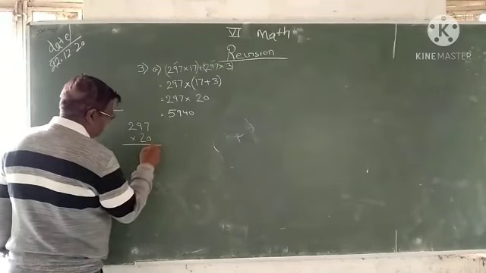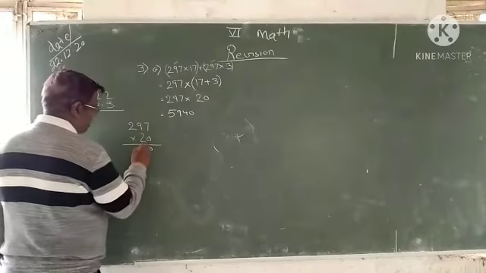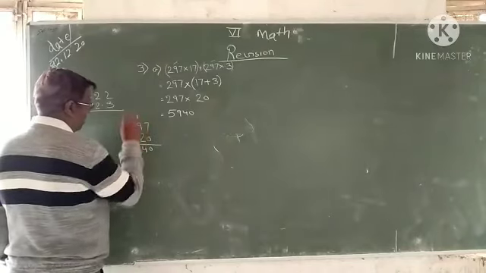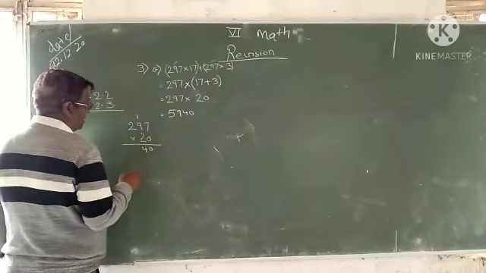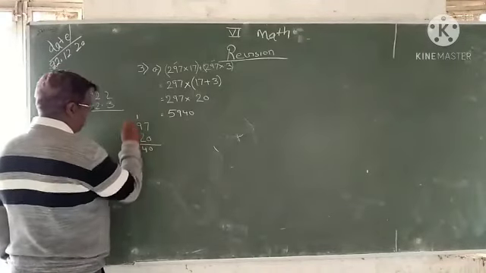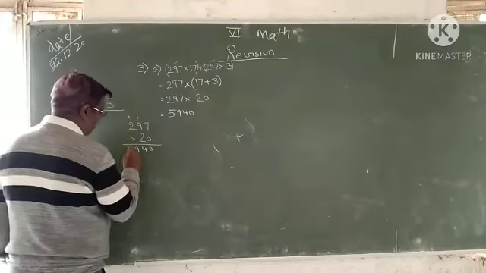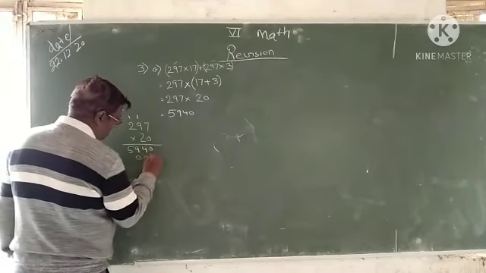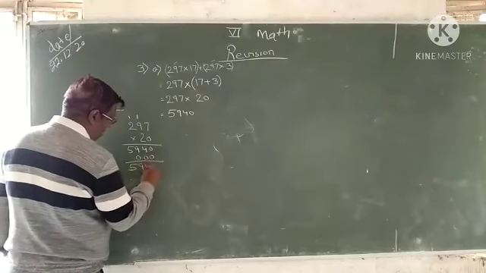20 has a zero, let's put 0 over here. 2 into 7 is 14, carry 1, write 4. 2 nines are 2 into 9 is 18, and 1 is 19. 9, carry 1. 2 twos are 4, 4 plus 1 is 5. And for the zeros it will be 0. Your answer is 5940.